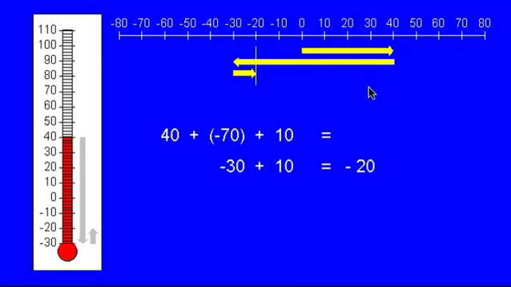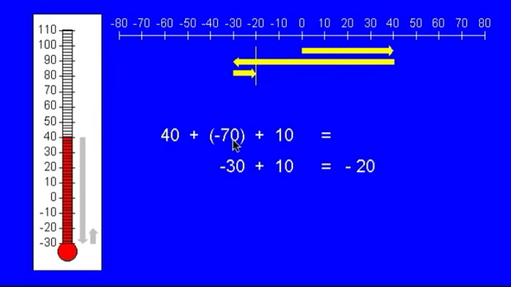If you have opposite signs, the rule is you subtract their absolute values and take the sign of the larger. For example, if the temperature goes up 40 degrees from 0, and then it goes down 70 degrees by noon, well, 40 of that 70 gets you back to 0, and then the other 30 takes you to 30 below.